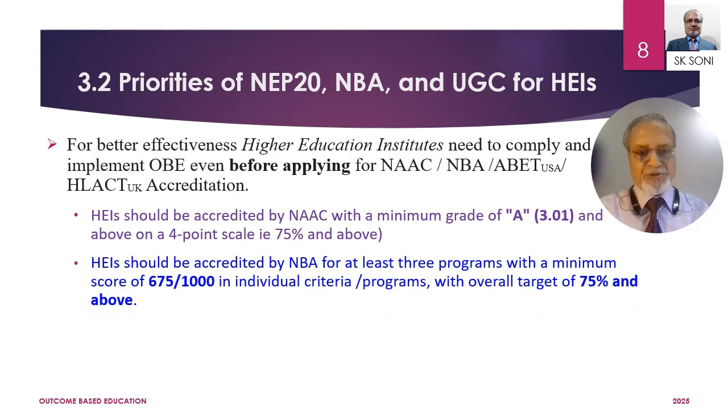Higher education institutions offering AICTE approved programs should be accredited by NBA for at least 3 programs with a minimum score of 675 out of 1000 or 67.5%, in individual criteria or program with overall target of 75% and above. So, institutions performing better than first class only are authorized to continue and render educational services.